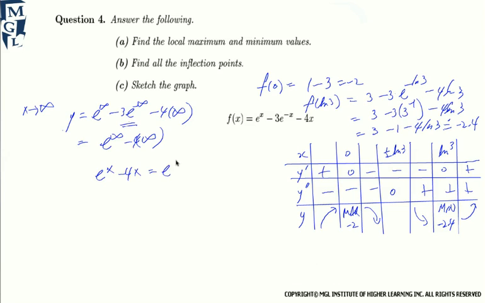If you factor out e to the power of x, you get 4x over e to the power of x. And if you use L'Hopital's rule on this, you can show that this goes to 1 minus something approaching 0. So it essentially becomes infinity times 1. So we have this whole thing approaching infinity.